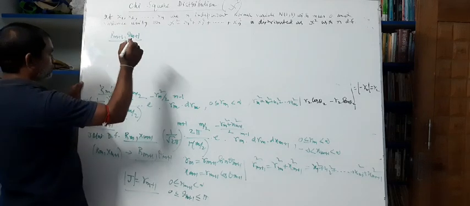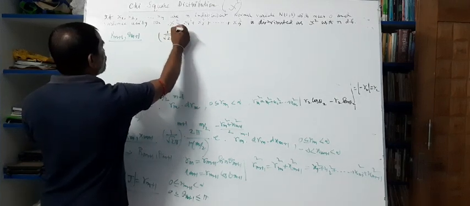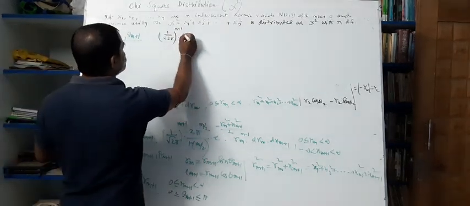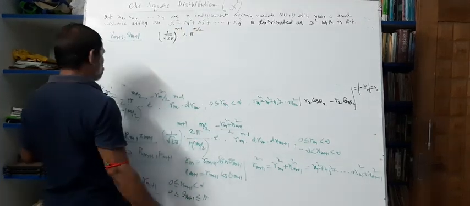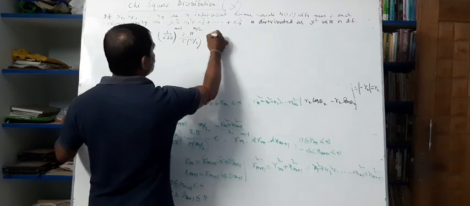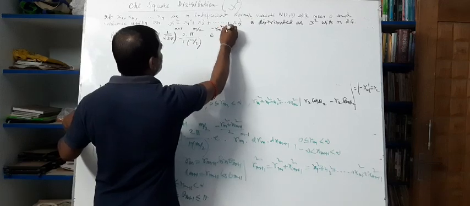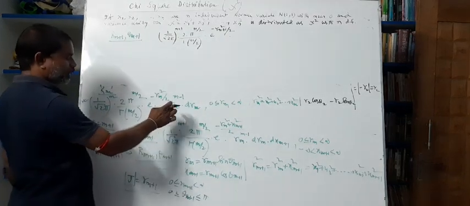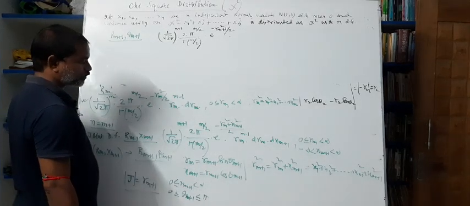from this, 1 by root over 2 pi whole to the power m plus 1, 2 into pi to the power m by 2 divided by gamma of m by 2, e to the power minus r square m plus 1 by 2 into, for this Rm we use Rm plus 1 sine of theta m plus 1.